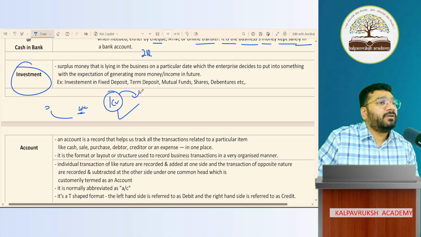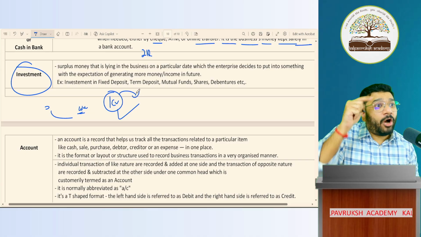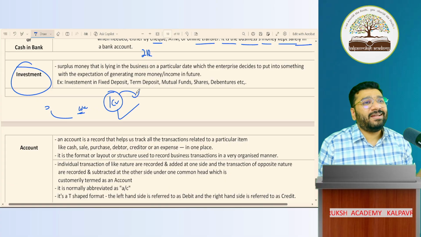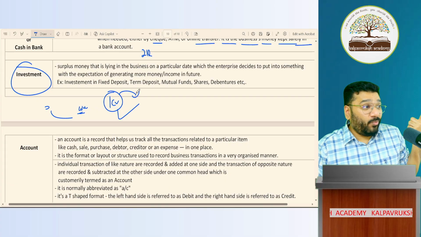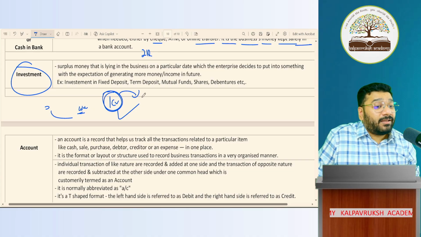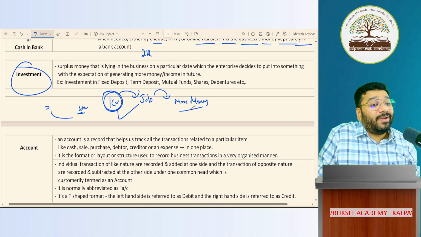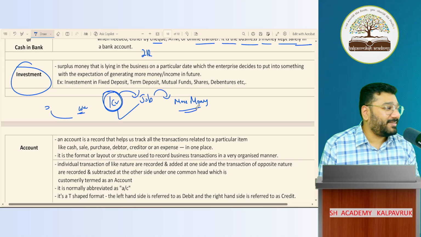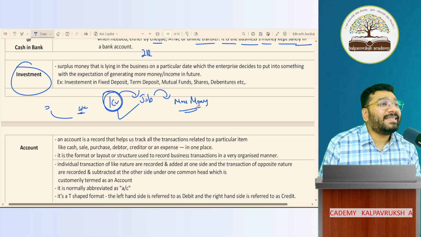This money should be put on a job to earn money. We worked hard to earn this money. Now we are deploying this money on a job to earn more money. Money on money. This is called investment.